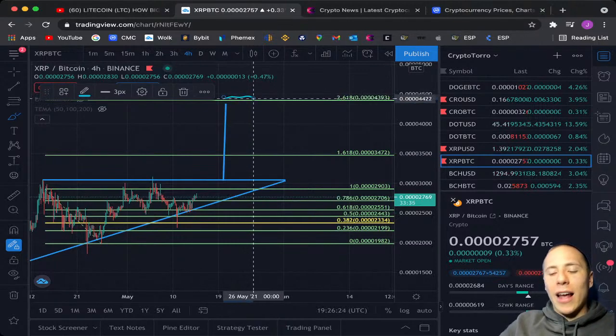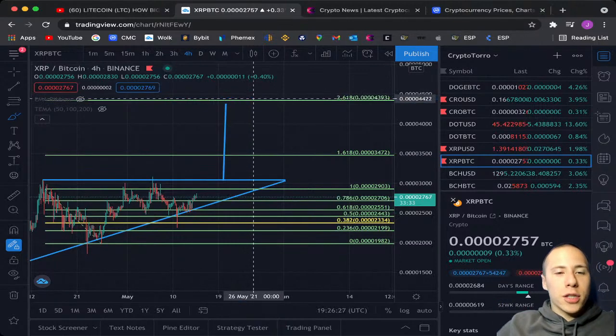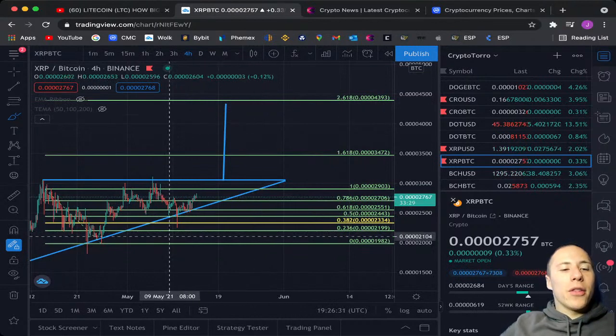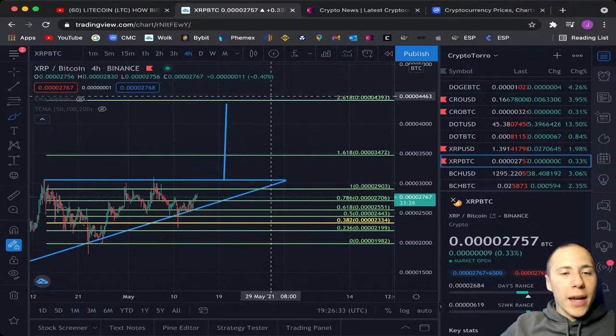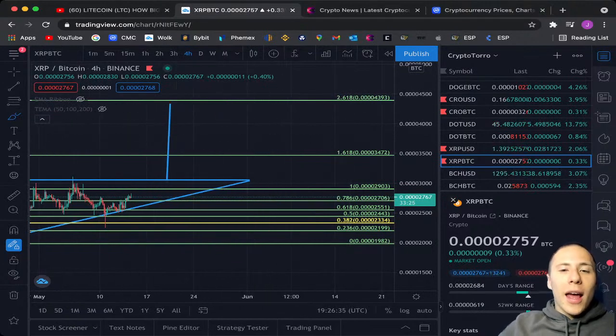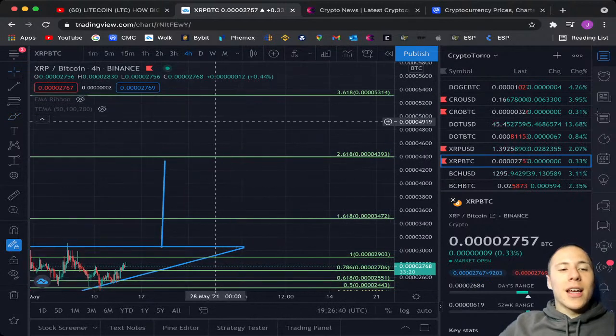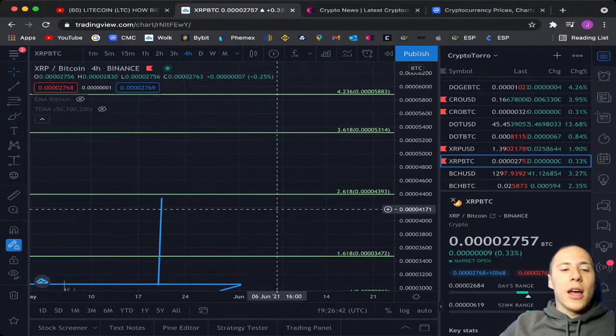And if the second case occurs, I will be very happy, because then we will see a new higher high being created on XRP, and I think that it will be a second step towards even higher levels.